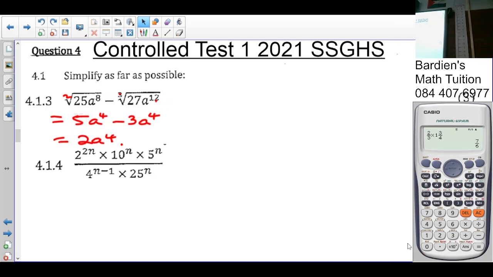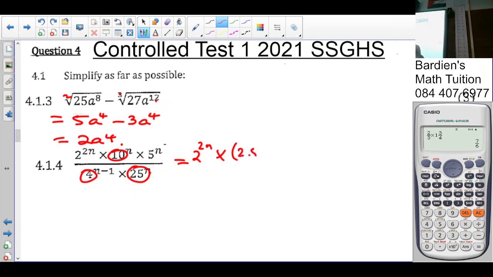The next one. So 10 can be written as 2 times 5. 4 can be written as 2 squared. 5 can be written as 5 squared. So it's going to be 2 to the 2n times 2 times 5 raised to the n times 5 to the n over 2 squared raised to the n minus 1 times 5 squared raised to the n.